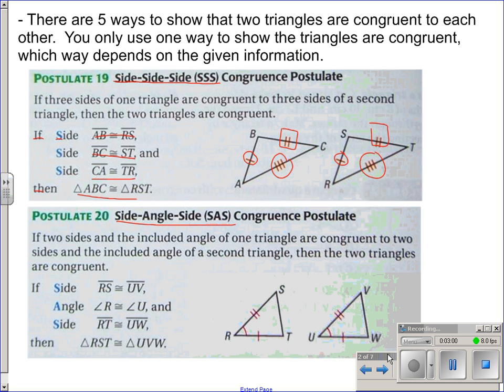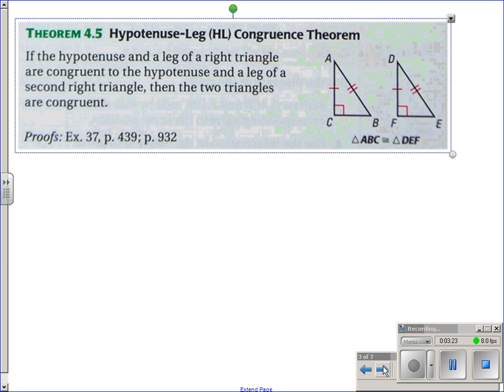The name is just how you go around the triangle. Side, angle, side. You hit a congruent side, a congruent angle, and then another congruent side. If you can set up that correspondence between 2 triangles, those 2 triangles are going to be congruent to each other.